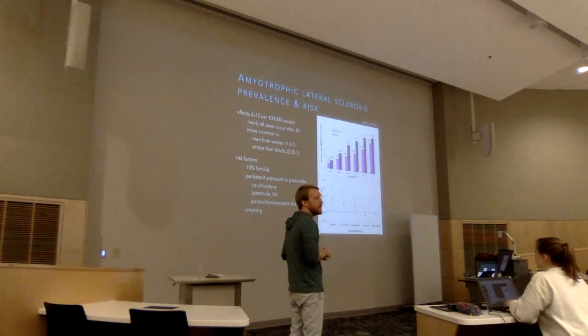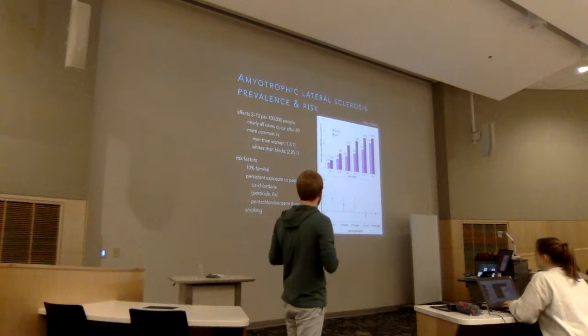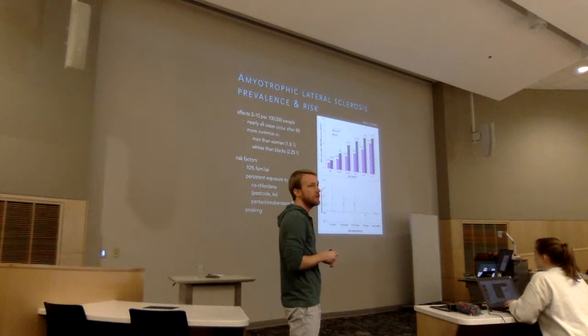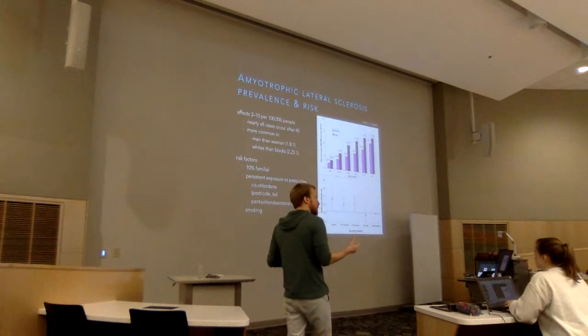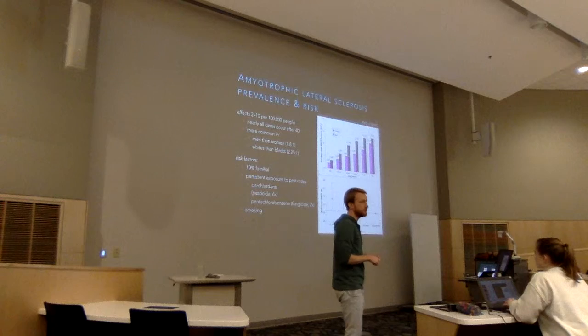This is usually not inherited. The majority of cases are sporadic, no familial history. The risk factors that you might be able to control would be exposure to pesticides. This is still a bad thing. In this case, there's probably some underlying point mutations that make their motor neurons more sensitive to death.